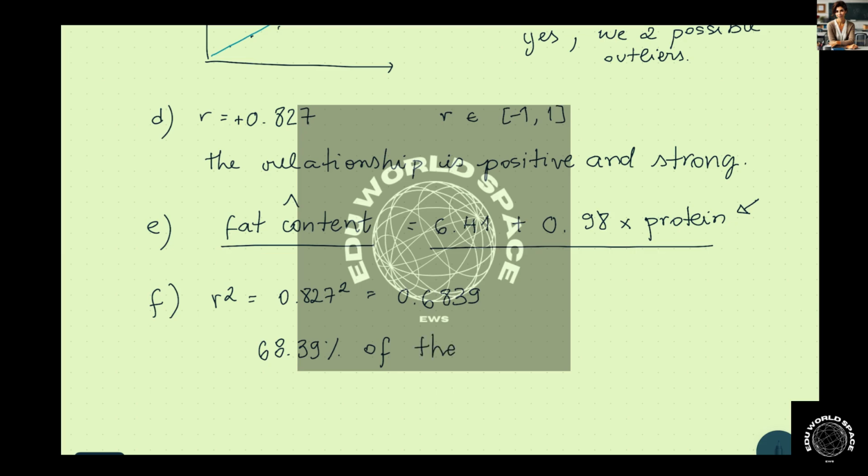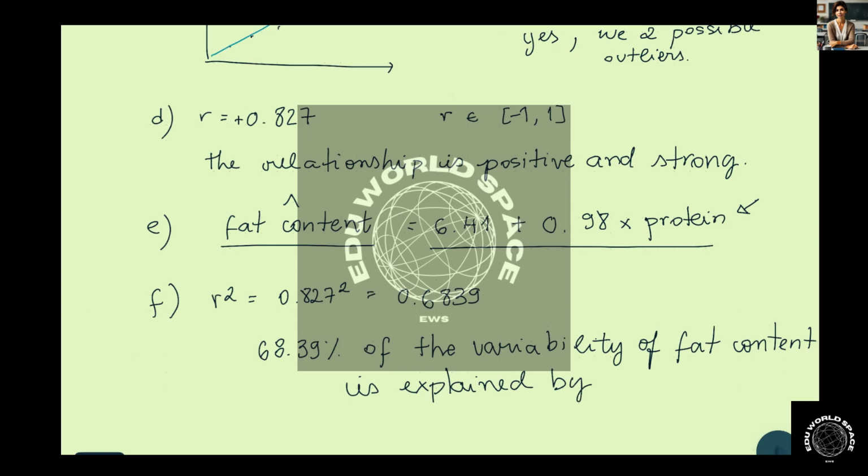So we have that 68% of the variability of our response variable, in this case the fat content, is explained by the explanatory variable, the protein content. So this is how we make an interpretation about the R-square.